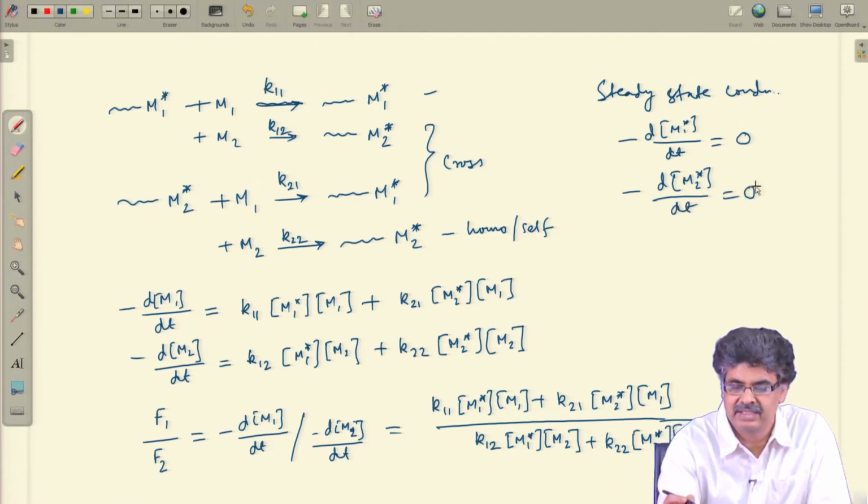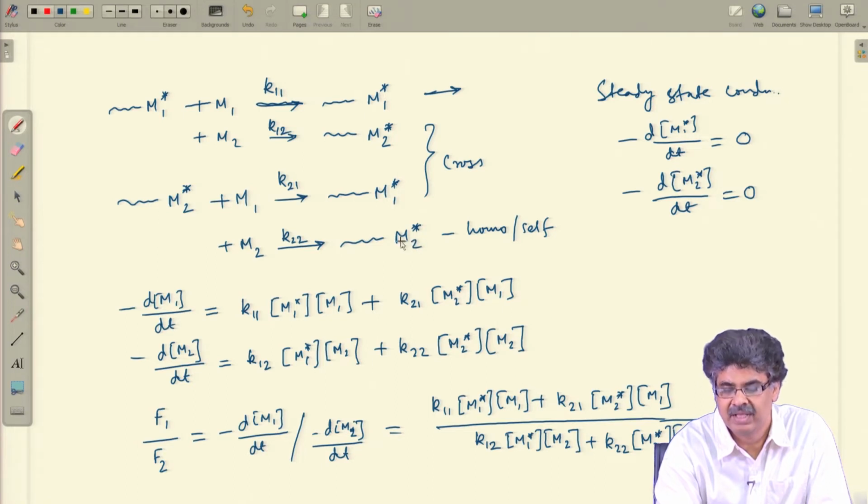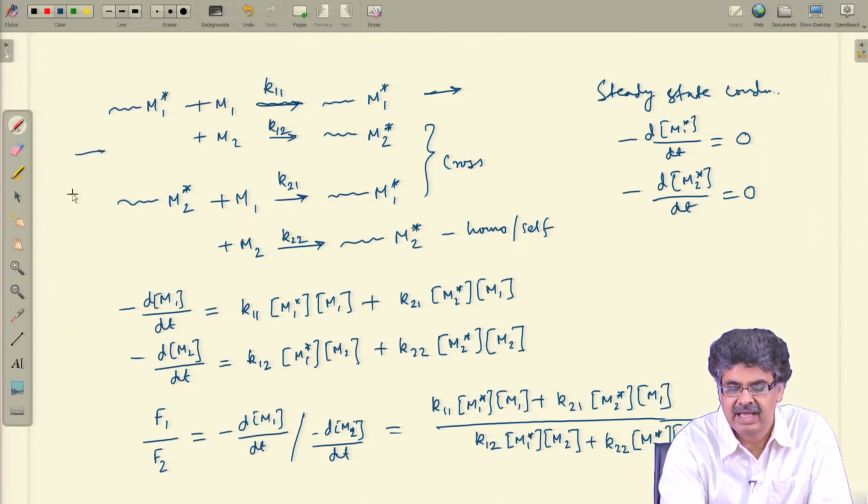Now, you can see in the first step M1 star is producing M1 star, so there is no change in concentration of M1 star in the first step. Similarly, there is no change in concentration of M2 star in the fourth step. So, what is happening? M1 star is disappearing in the second step, and M1 star is being produced in the third step.